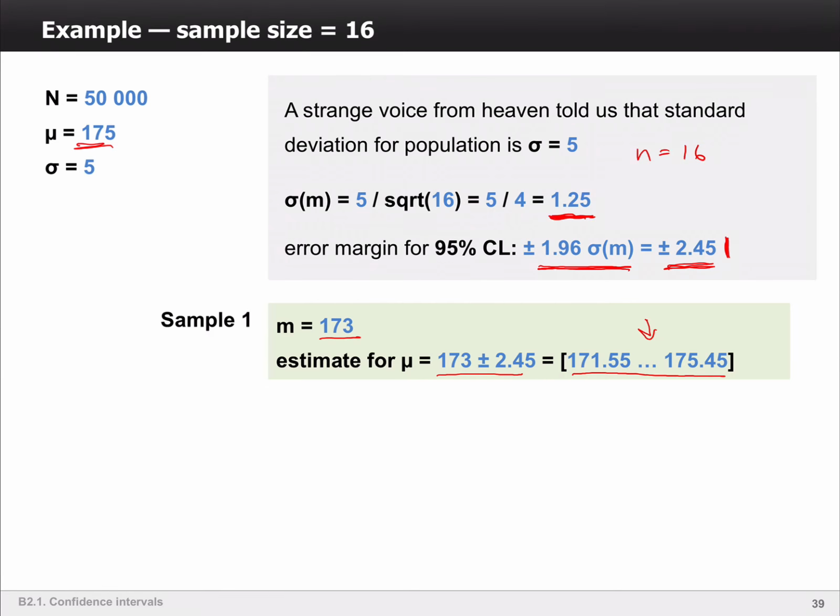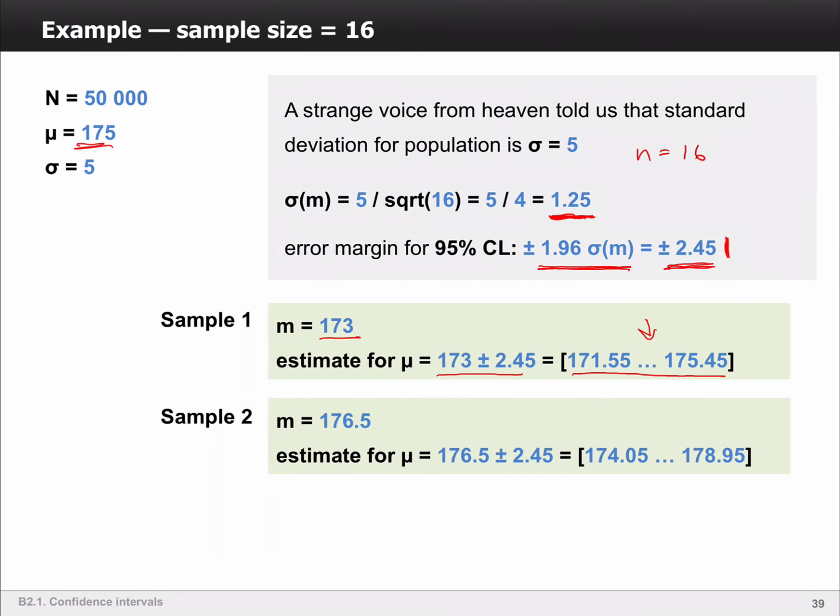We took another sample. Now it's 176.5. We know the error margin, so we can calculate the 95% confidence interval. That's the interval. So it tells us we don't know the true average of the population, but it's somewhere between 174 and 178.95. And it is indeed inside. So 175 is inside, and that's what we actually need.